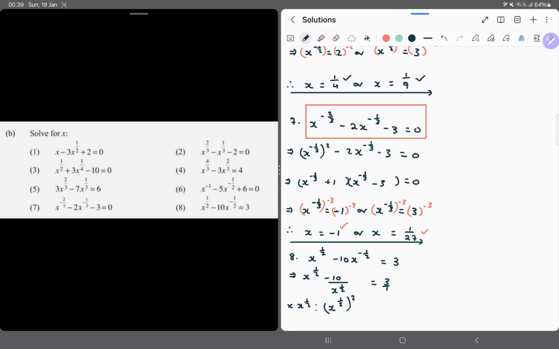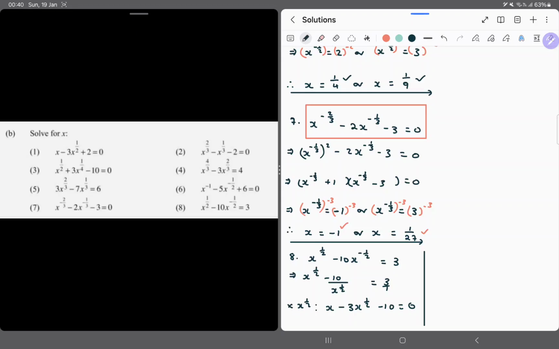There's two of them, but hey, let's not be silly. Let's just follow the rules. When we multiply powers with the same bases, we simply add exponents. So this is just going to be x minus, we transpose this, 3x to the half minus 10.